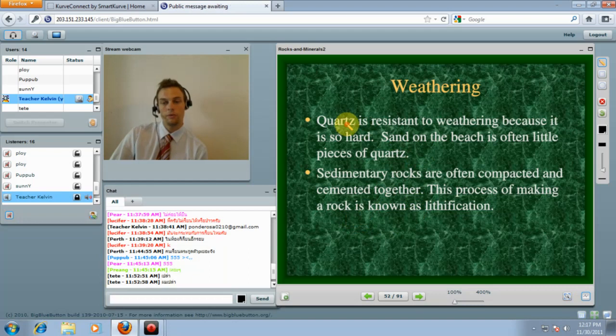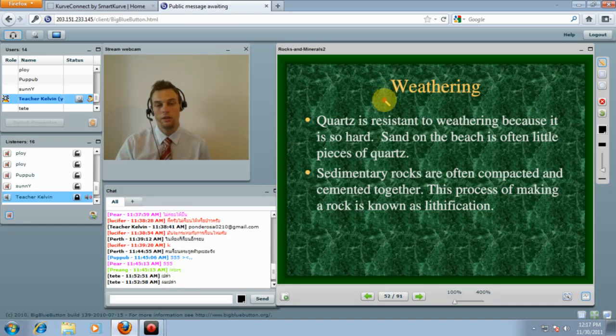Okay, so an interesting part about some materials is that certain minerals are resistant to weathering. So what affects weathering? If you have a really dense material, it's going to be very resistant to weathering.